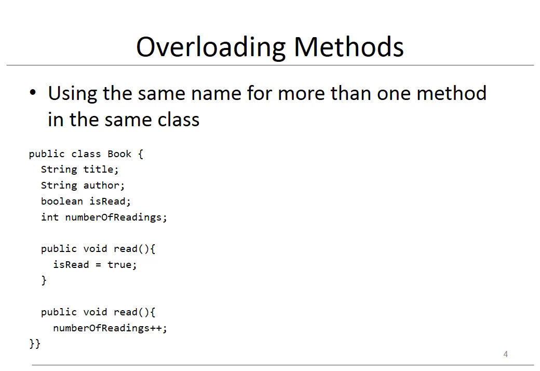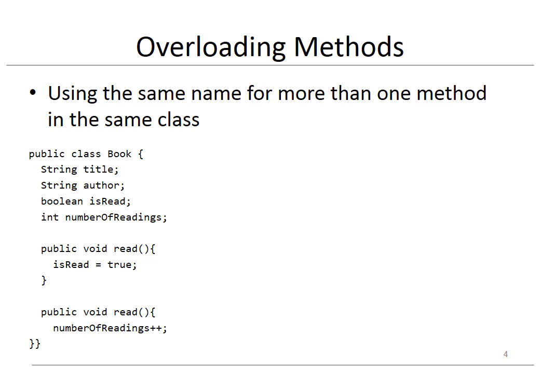Method overloading refers to using the same name for more than one method in the same class. Java can determine which method you are calling as long as the number or type of parameters is different in each method. Here, you can see an example of this with a class Book.